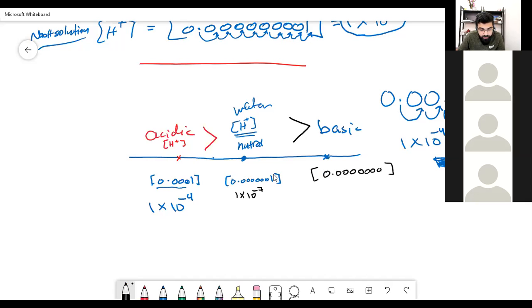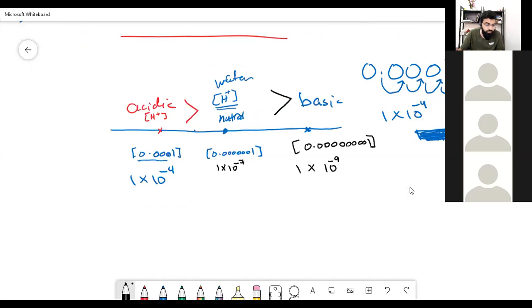If you convert this to scientific notation, you move the comma 1, 2, 3, 4, 5, 6, 7, 8, 9 steps, so 1 times 10 to the power minus 9. So you can use these numbers to describe the concentration of H+.